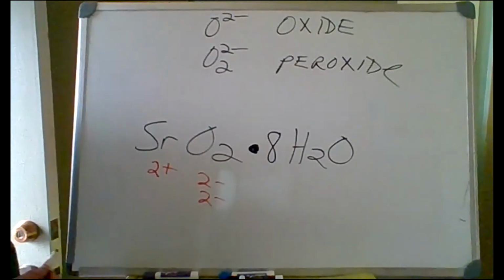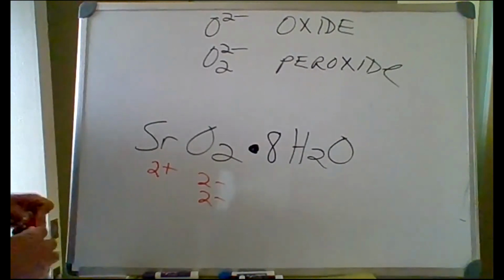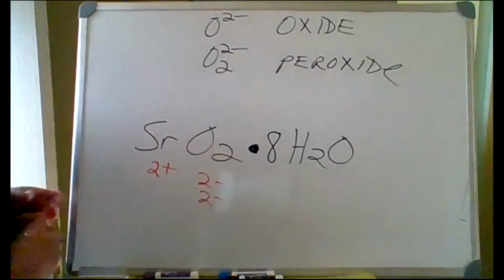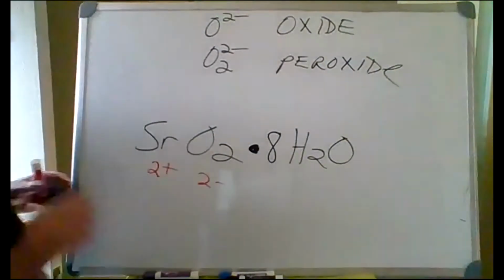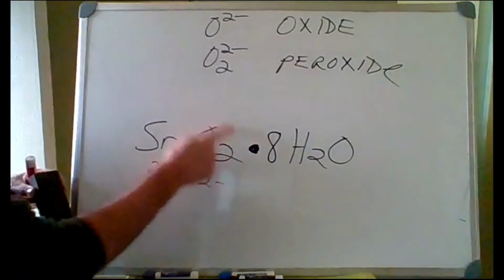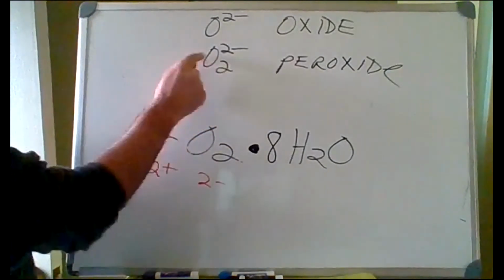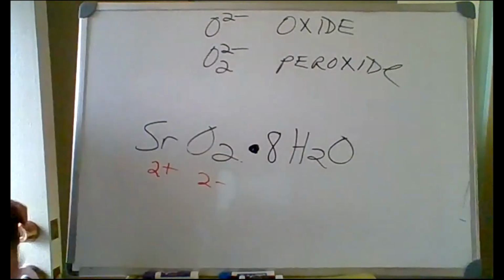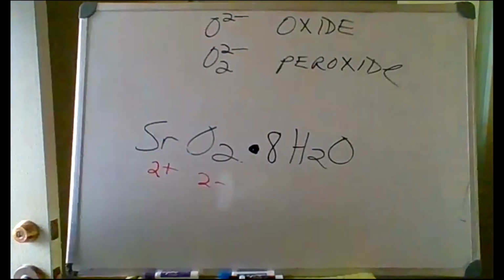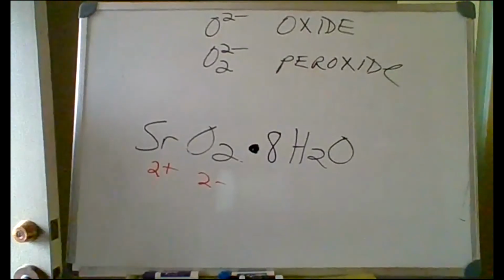That does not add up to 0, so it cannot be strontium oxide. But if I say that's 1 strontium, and this is 1 peroxide, 1 peroxide is O2 with a charge of -2. Now it is neutral. Okay?